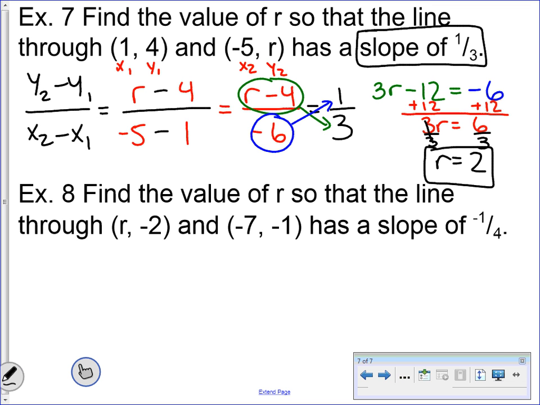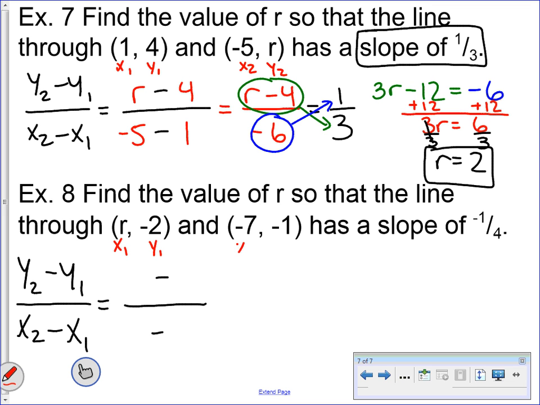I'm going to start writing the equations down. So y2 is negative 1, y1 is negative 2, x2 is negative 7, and x1 is r.